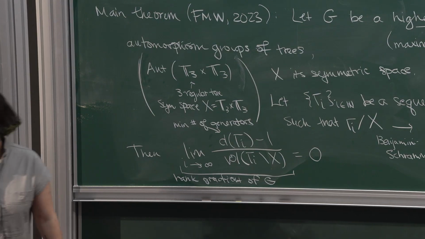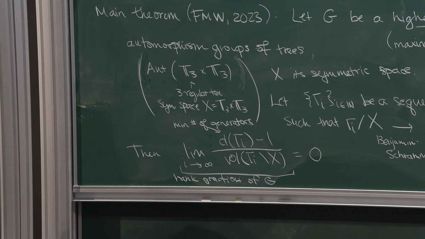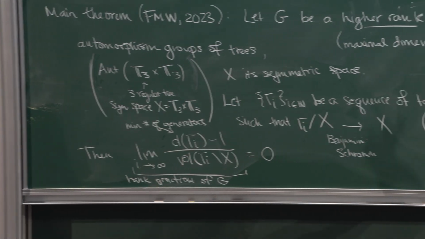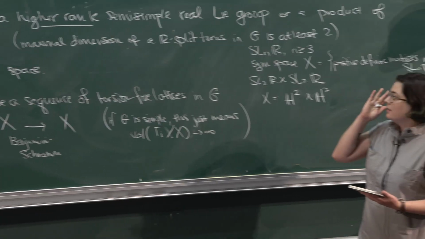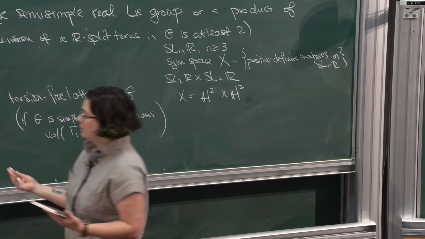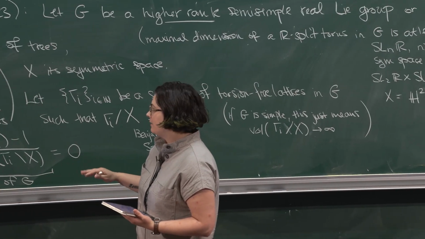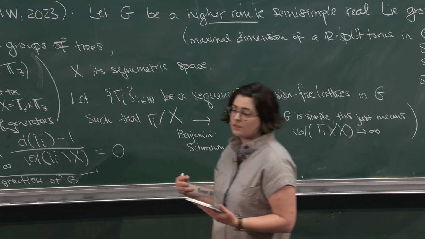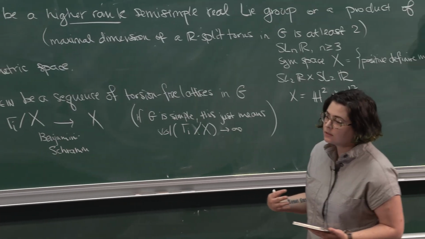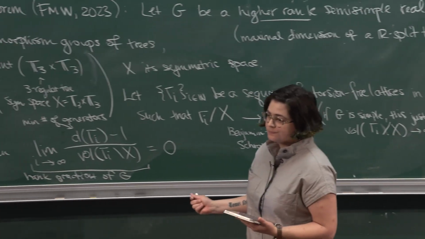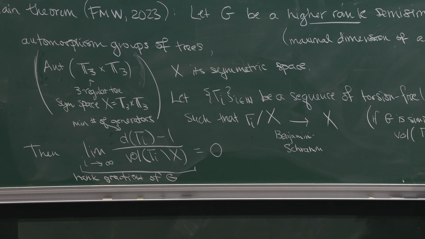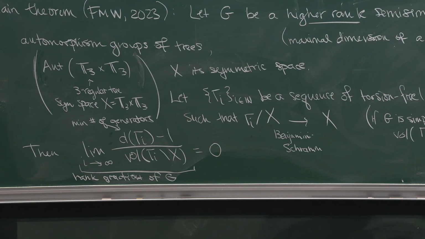Is this limit always well defined? Does it always exist? The fact that it exists, at least if you have a semisimple Lie group, a result of Gelander in 2011, I believe, implies that the lim sup always exists. If the sequence of lattices is nested, then it always exists, since it forms a monotone sequence.